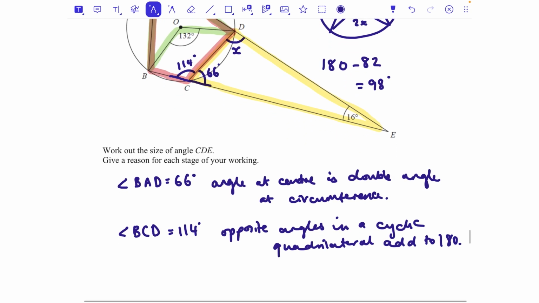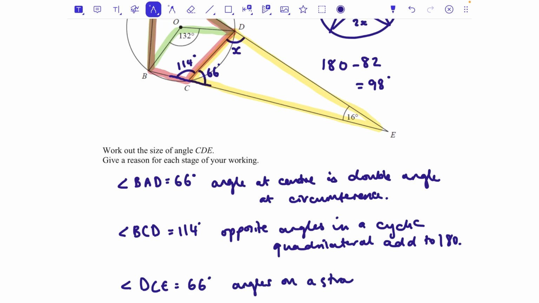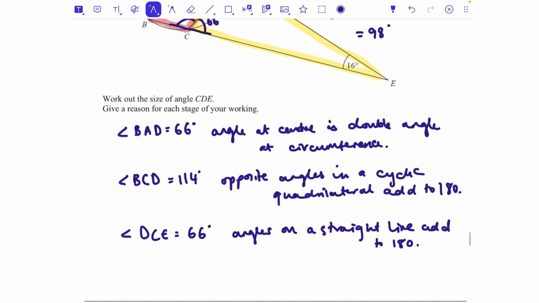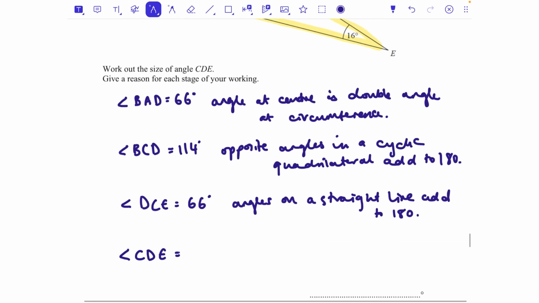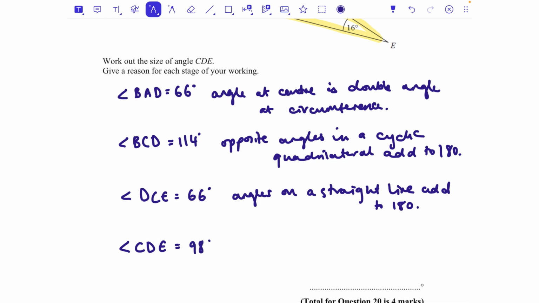And the third thing we said was angle DCE equals 66 degrees, angles on a straight line add to 180. And then we said angle CDE, which is what they asked us for, is 98 degrees, angles in a triangle add to 180.